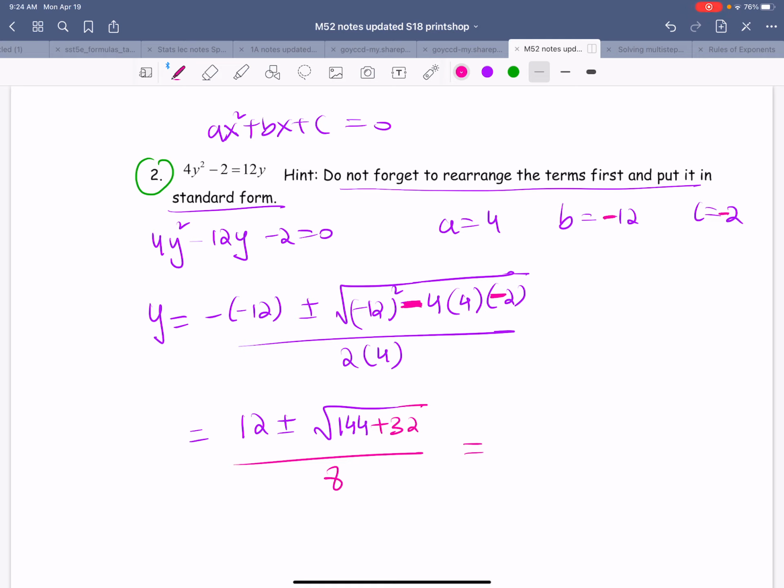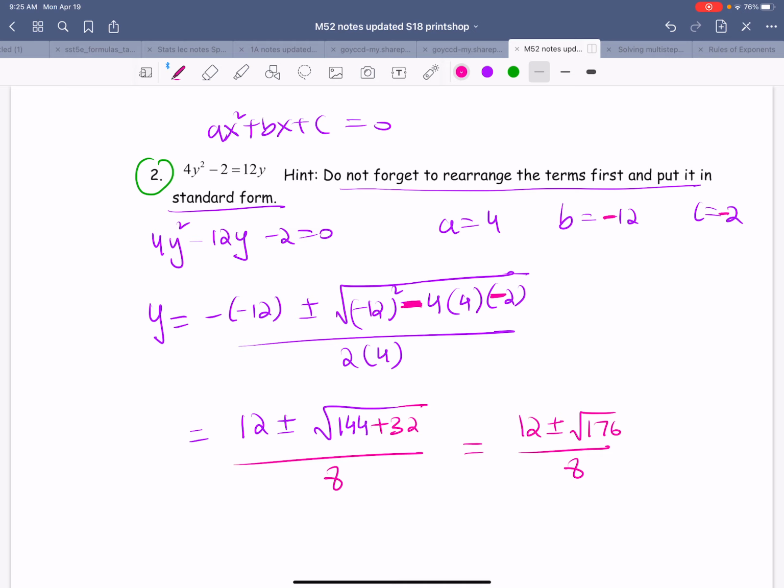Now, I need to figure out what is... let's see. I could make my life easier by dividing everything on both sides by 2 in the beginning. We'll talk about that at the end. So I have 12 plus minus square root of 144 plus 32, that's equal to 176 divided by 8.